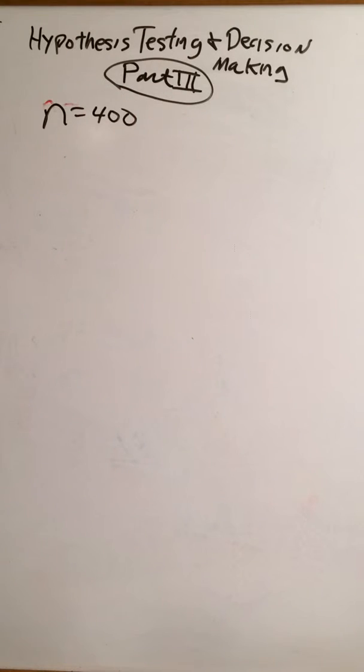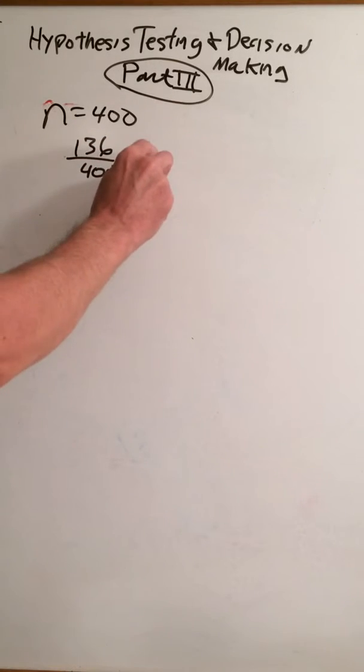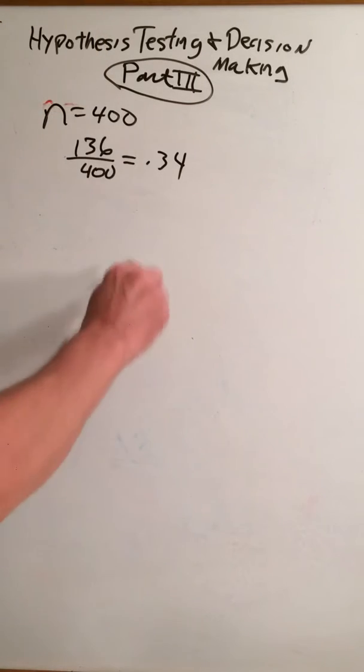And out of the 400, 136 said they'd buy them. Out of 400, and that's equal to 34%. Okay, for the sake of time, I'm going to illustrate this very quickly, just with the main points. Now, the null hypothesis, let's look at the null hypothesis.